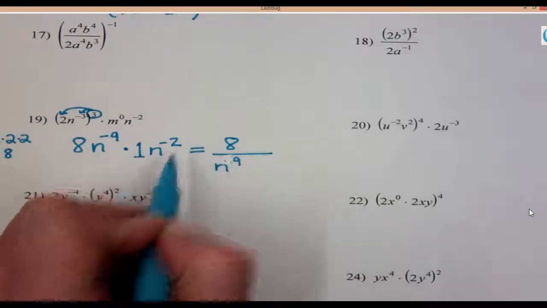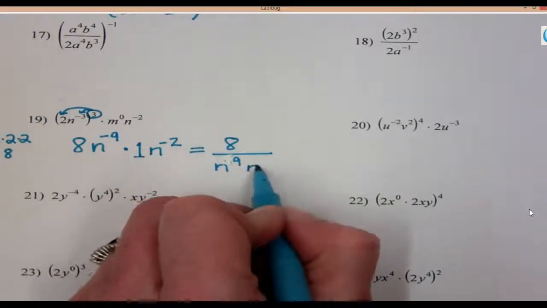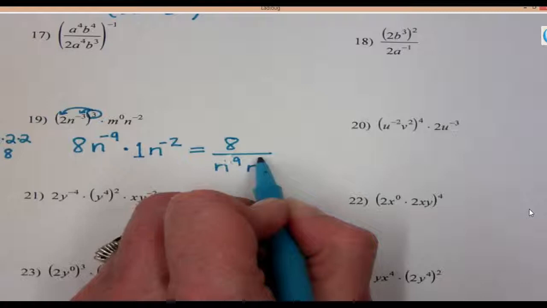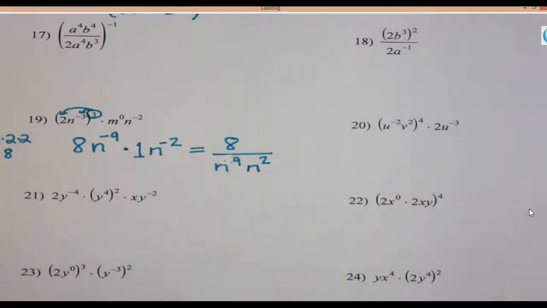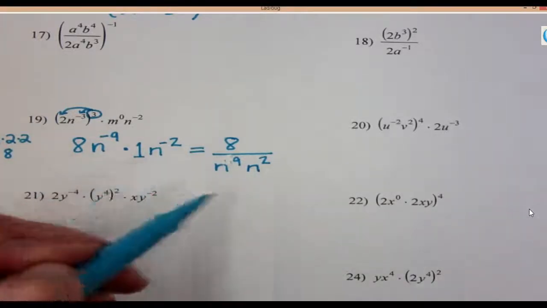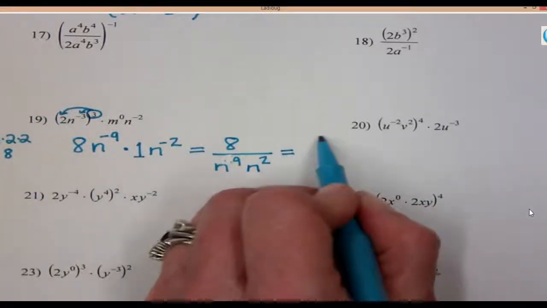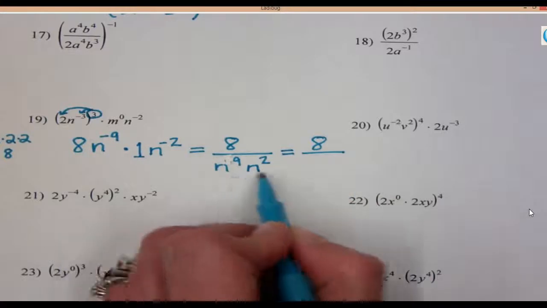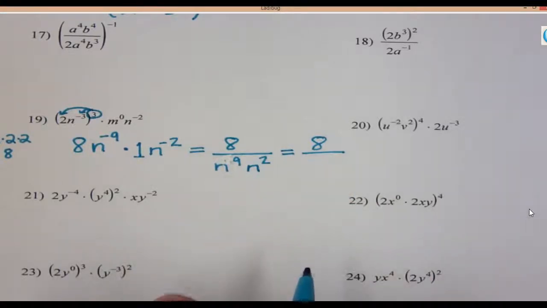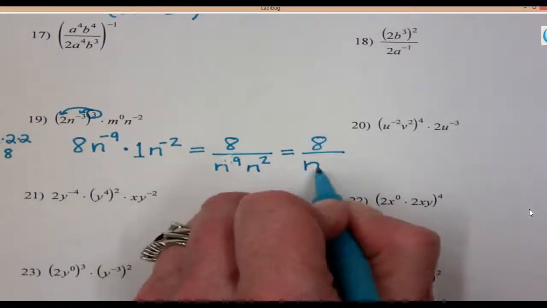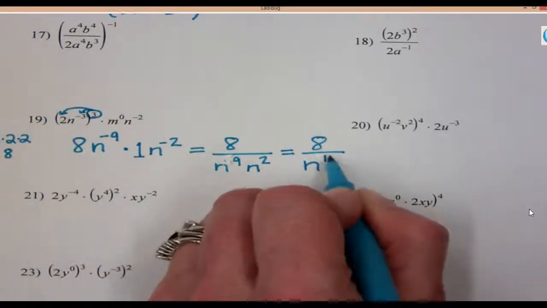N to the negative 2. N to the 2nd power. When I flip it upside down, it becomes positive. So now I'm left with 8 over, I combine those two together and get n. 9 plus 2 is 11.